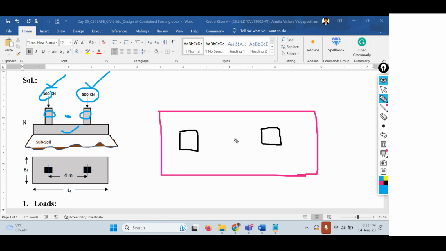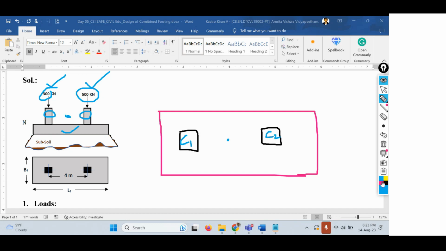Now here, the center of gravity for these two columns will lie somewhere in between these two columns only. It will not be lying on any other side. I am calling this column 1 and this column 2.